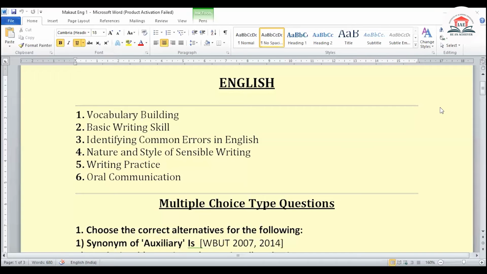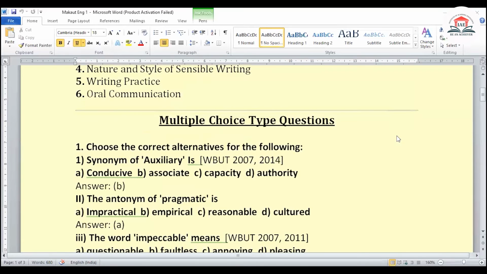Just a minute. Now, let us do something from this paper.